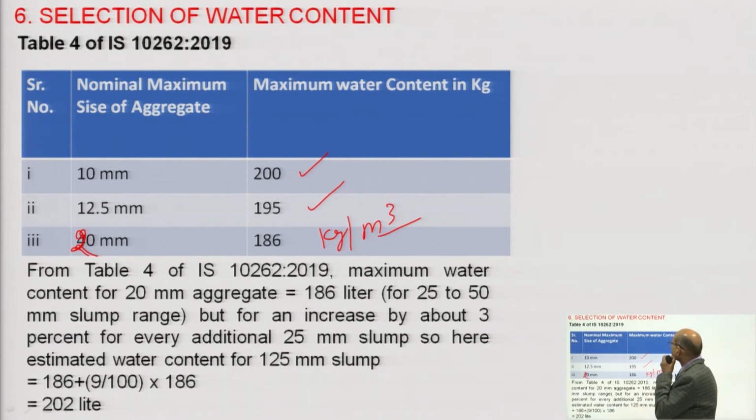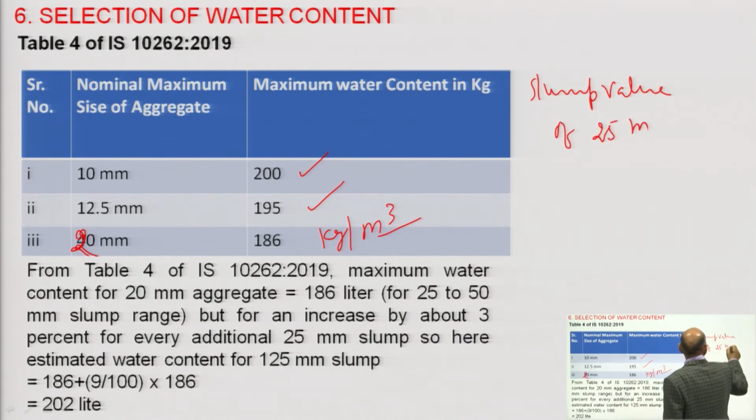So, that you are supposed to check here. This is for a slump value of 25 mm to 50 mm, but in our case our requirement is 120 mm.